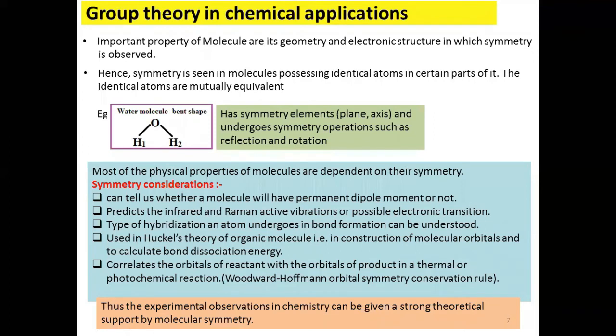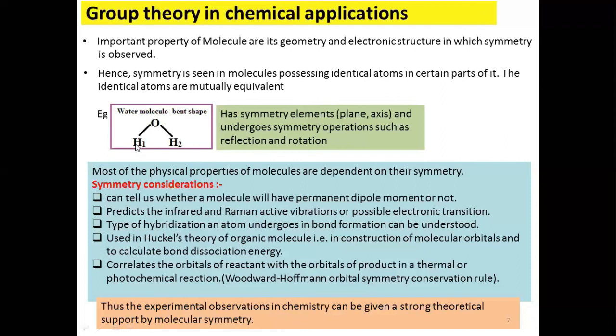in chemistry. So important properties of a molecule are its geometry and electronic structure, in which symmetry is actually observed. Hence, symmetry is seen in molecules possessing identical atoms in certain parts of them. So the identical atoms are mutually equivalent. That is, in a molecule, the atoms should be the same identical atoms, and the position of the molecule should not change, meaning there should not be any translational motion.